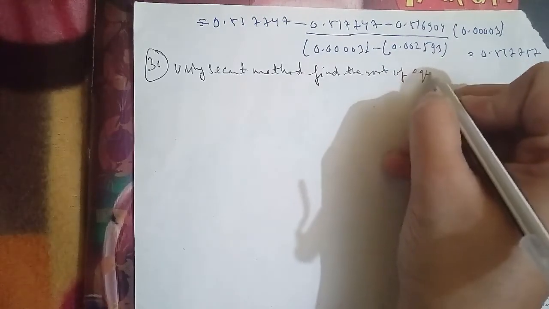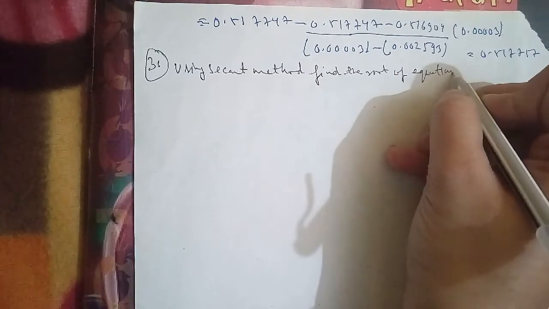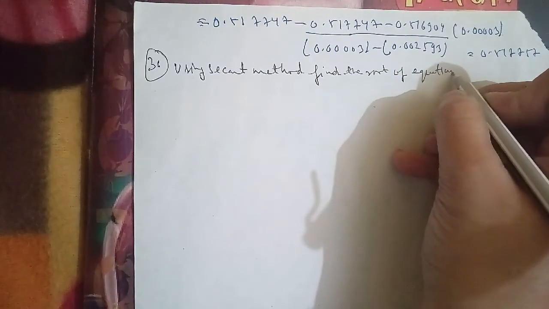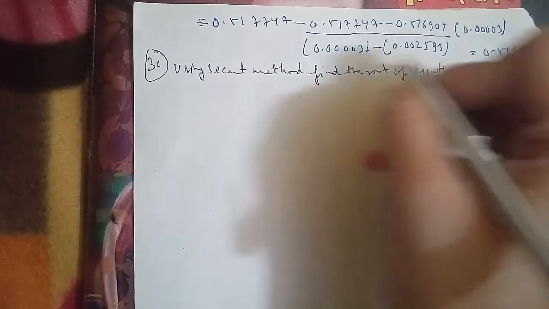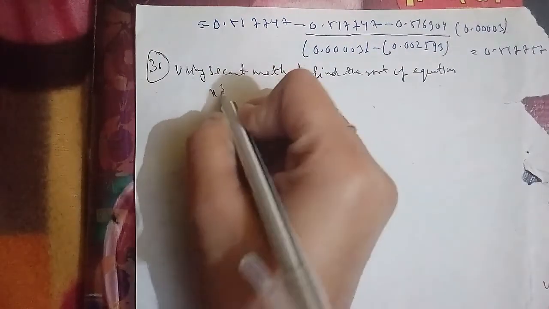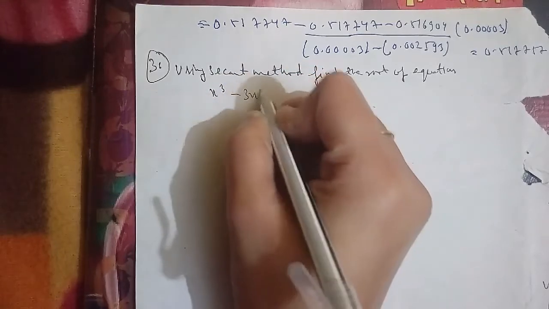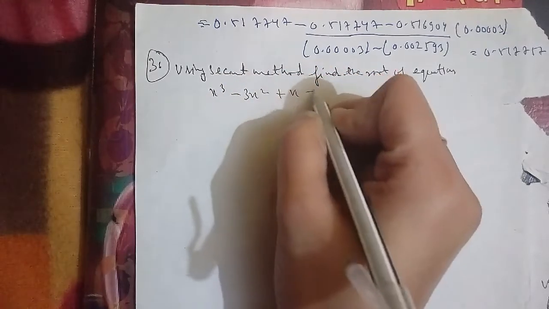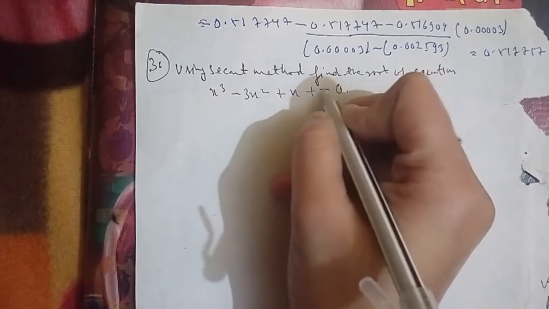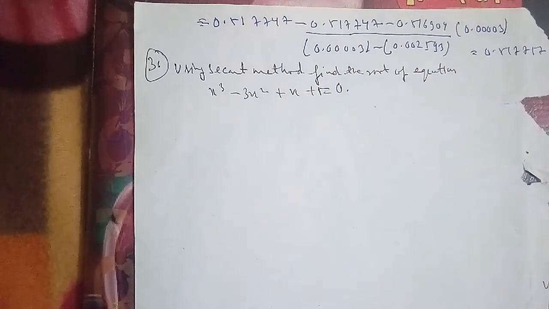So here f(0) equals 1 and f(2) equals minus 1. Since f(0) and f(2) have opposite signs, the root lies between 0 and 2. The following table will help find the rest of the calculation.